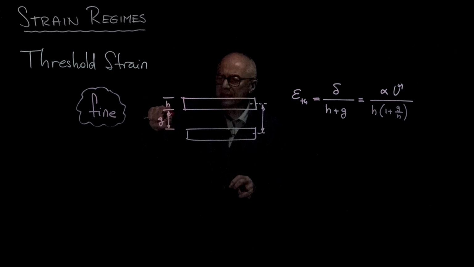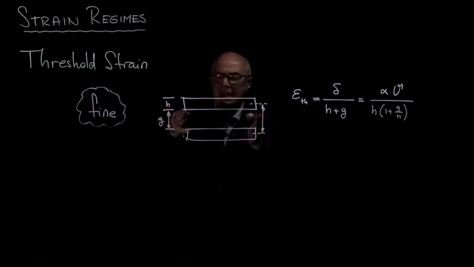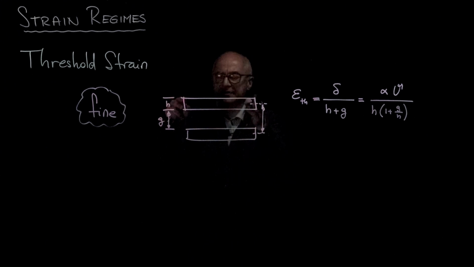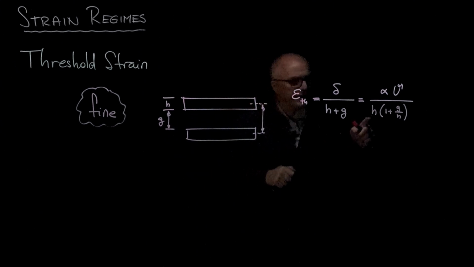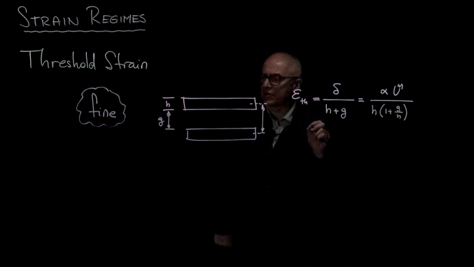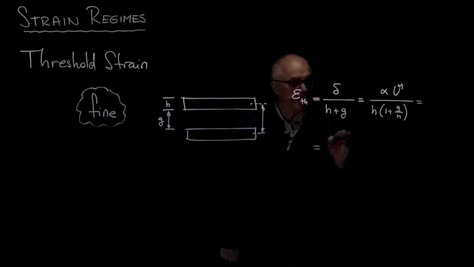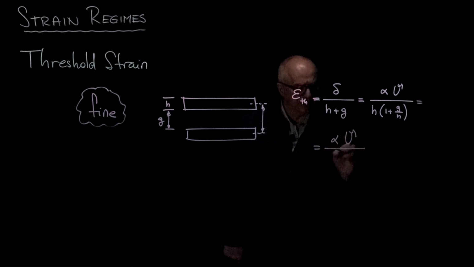Now, if I multiply times area, gap times area is the volume of voids, and h times area gives me the volume of solids. So g over h is volume of voids over volume of solids, which is the void ratio. So now I have alpha times the double layer thickness over 1 plus the void ratio.